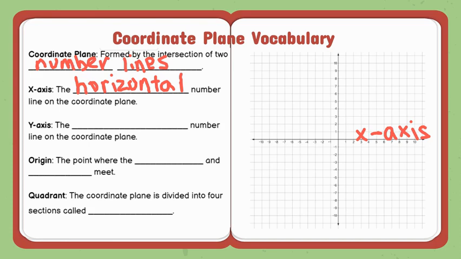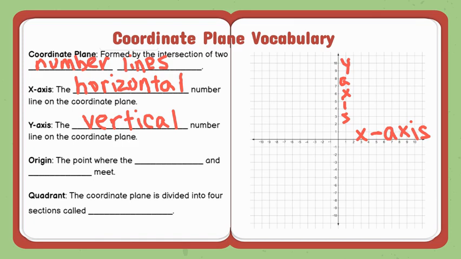So the y-axis is the vertical. So the y-axis is the vertical number line on the coordinate plane. Now, the origin, I know we talked about origin earlier in the school year when we were talking about the integer number line.